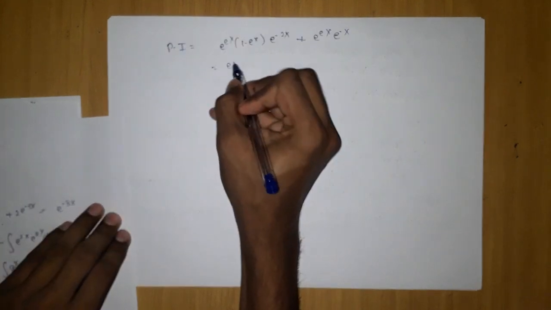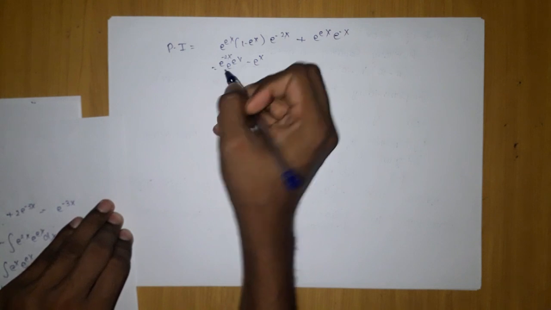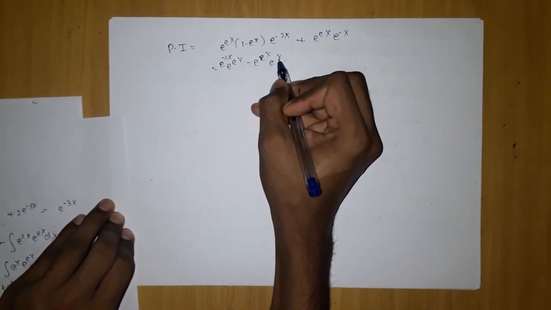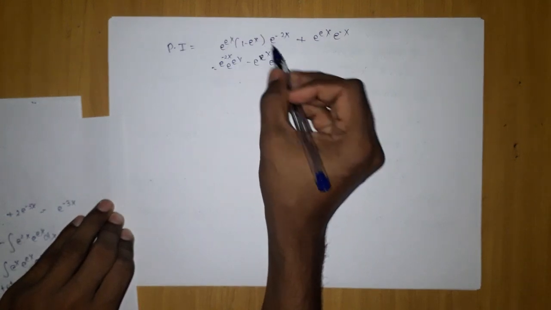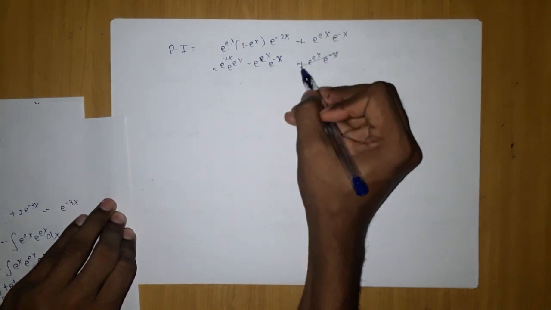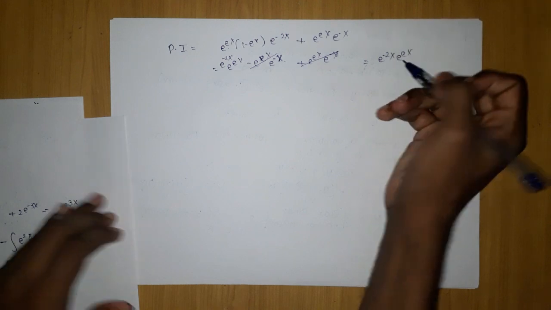So if we simplify, e to the power x into e to the power minus 2x will be there, e to the power x into e to the power x, this will simplify, and e to the power minus x will become, if we add both of them, plus e to the power x into e to the power minus x. So you can clearly see this and this is cancelling out, e to the power minus 2x into e to the power x is coming out.